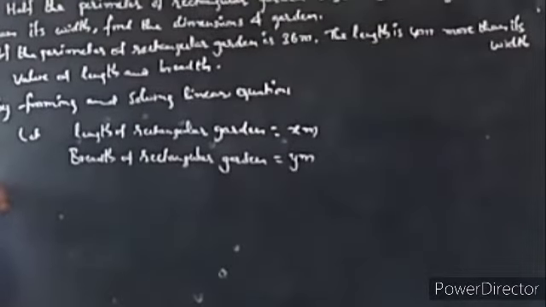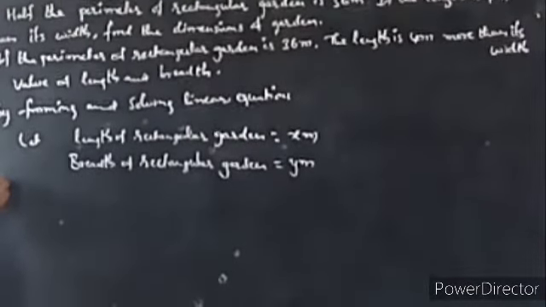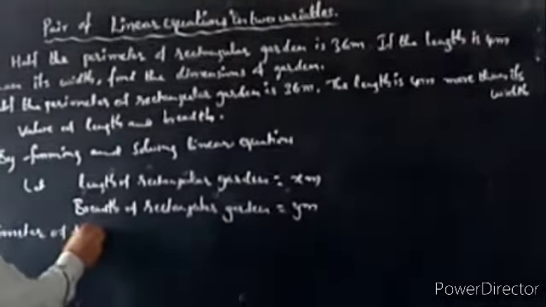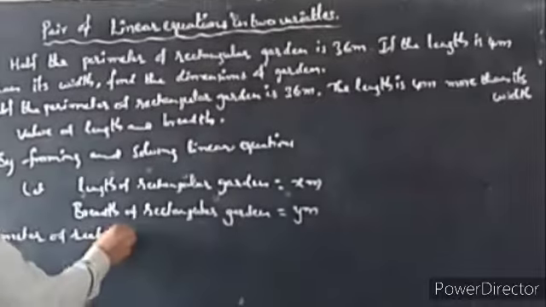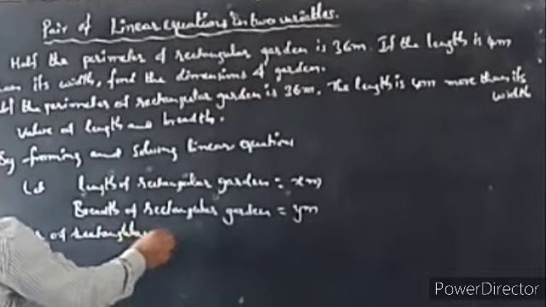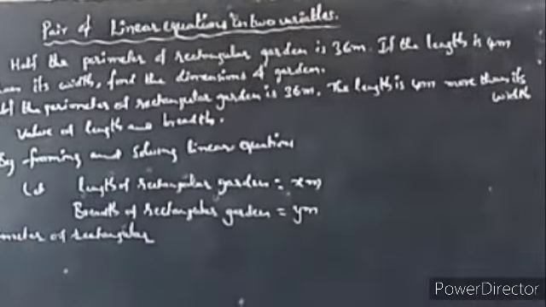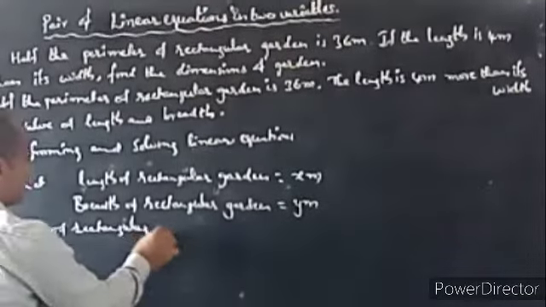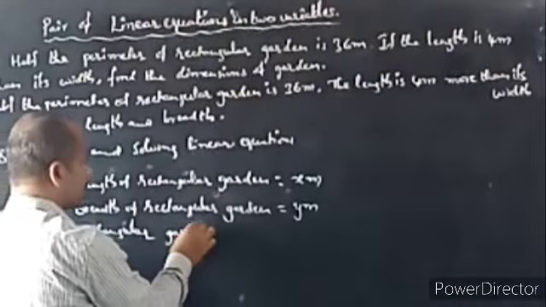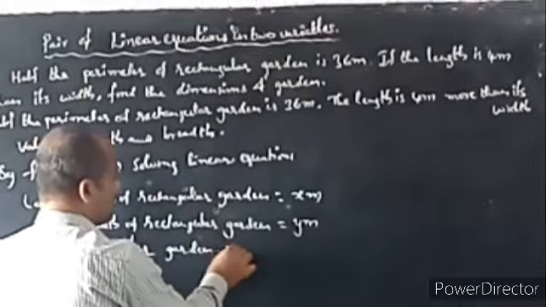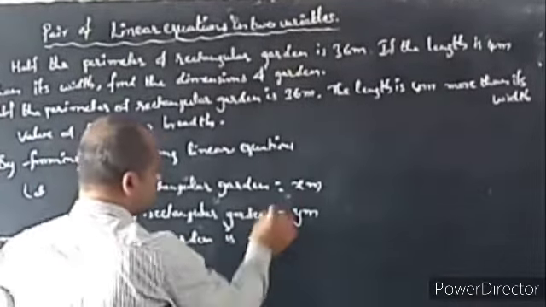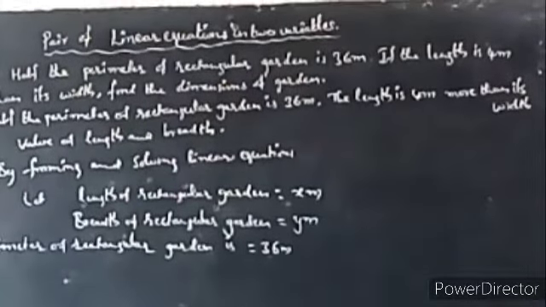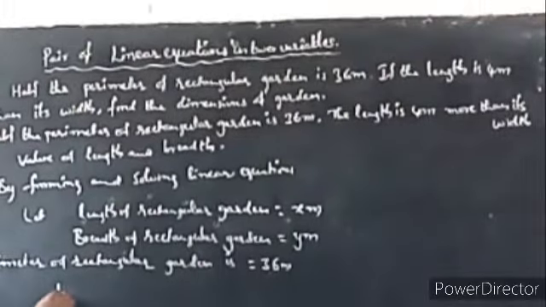Half the perimeter of the rectangular garden is how much? 36 meters. Half means 1 by 2.